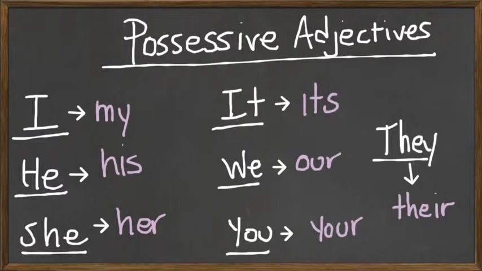But the possessive adjective of each is different. For I, we have my. For he, we have his. For she, we have her. For it, we have its. For we, we have our. For you, we have your. And for they, we have their.